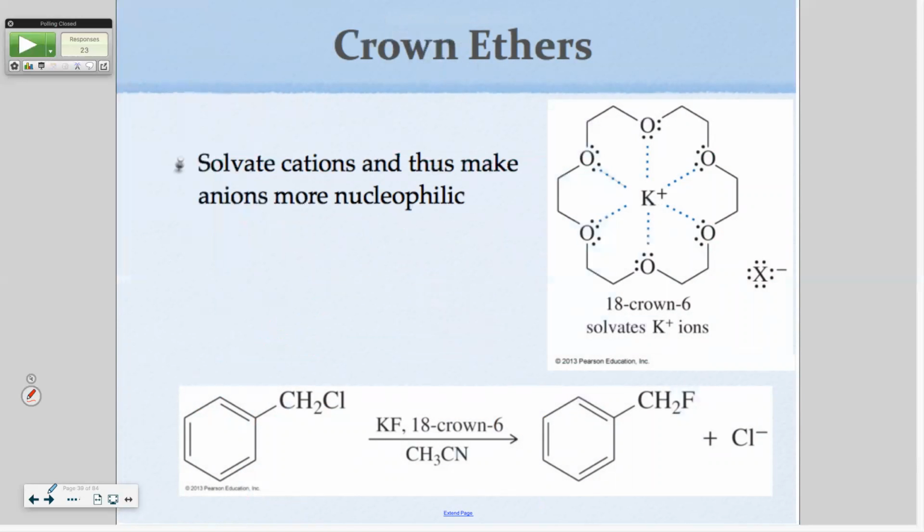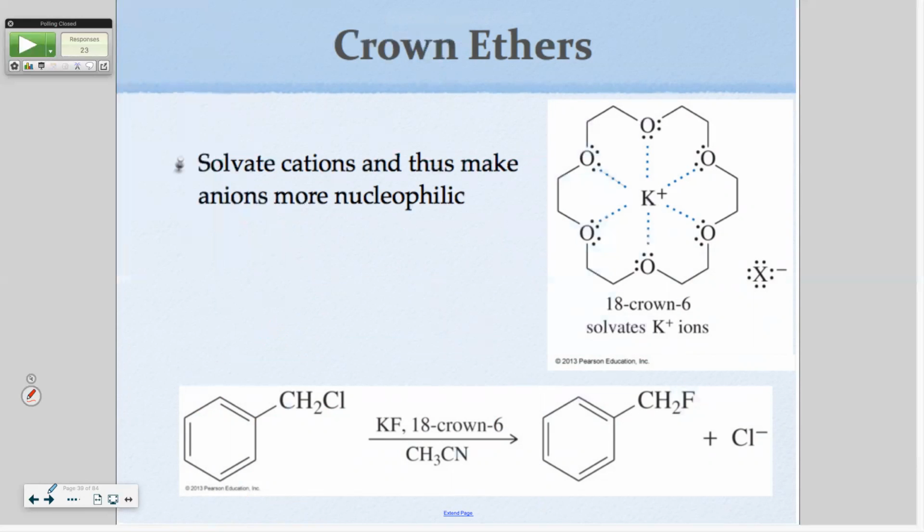Okay, crown ethers are compounds that solvate the cations and make the anions more nucleophilic. So we talked about how fluoride was not a very good nucleophile. Somebody wanted it to be a nucleophile, and they came up with a trick. They use this thing called a crown ether.